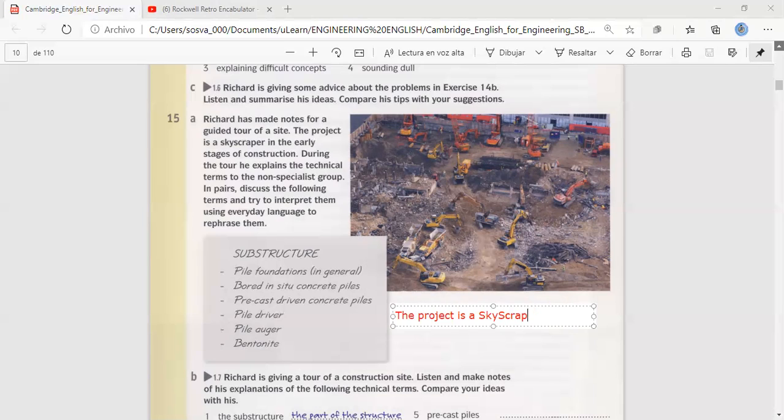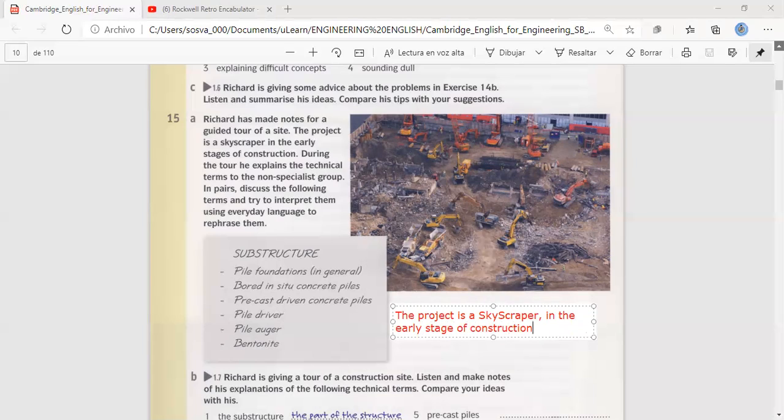Yes, it's a building, a big, big building, like the Empire State, we can say. Yeah, it's similar. So in this photo, Richard is in charge of the construction of a skyscraper. In this photo, they are in the early stage, the early stage of construction, of course.